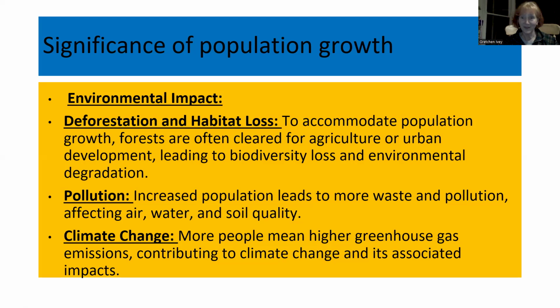And climate change. Now, at the time that this has been made, we have just come out of the Los Angeles fires, which climate change is not the sole cause of, but they're seeing more of it based on the climate changing. More people mean higher greenhouse gas emissions, contributing to climate change and its associated impacts.